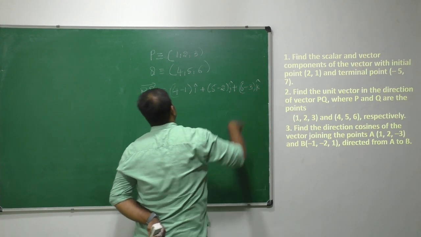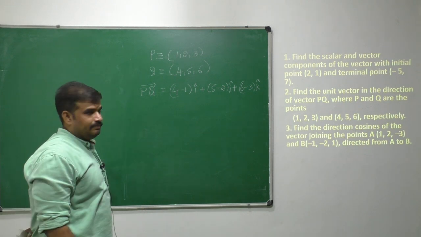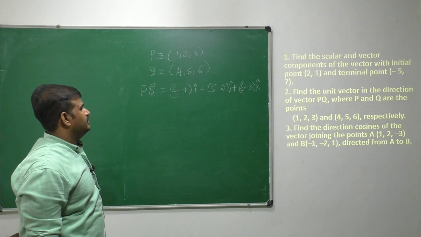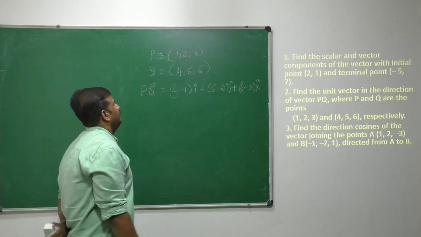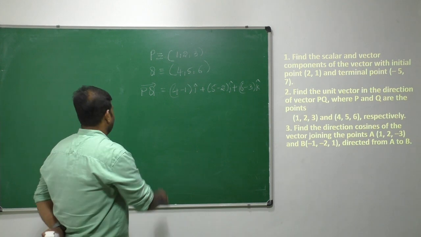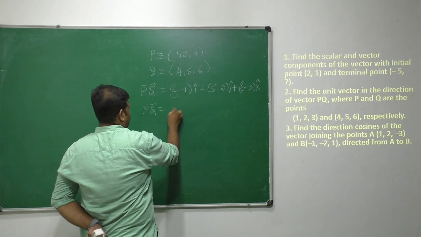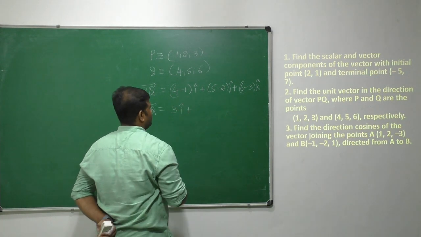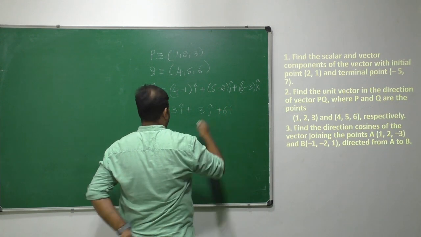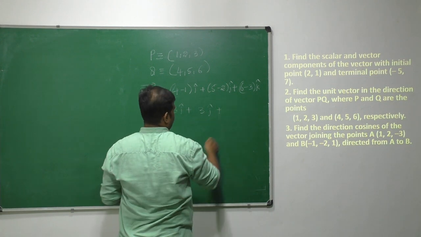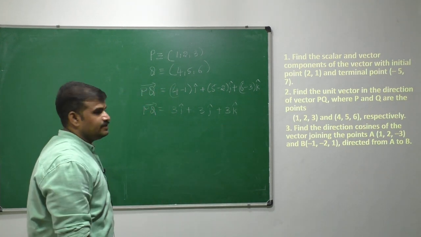That is, x2 minus x1 I cap plus y2 minus y1 j cap plus z2 minus z1 k cap. So clearly your PQ is 3 I cap plus 3 j cap plus 3 k cap.